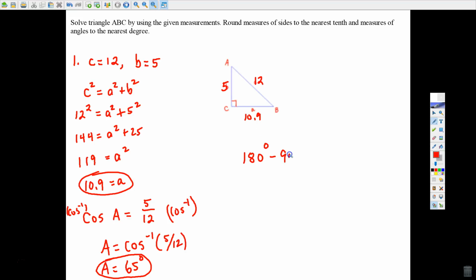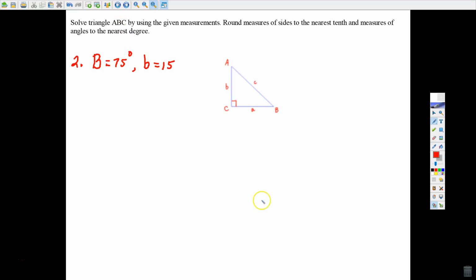So we just back off the 90-degree angle, we back off A that we just found as 65 degrees, and that gives us the measurement of our final angle, which is 25 degrees, and that is the measurement for angle B.